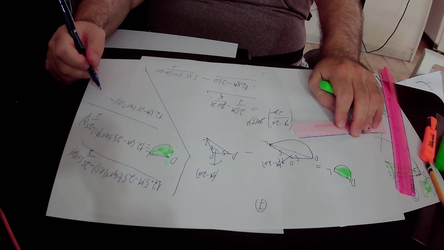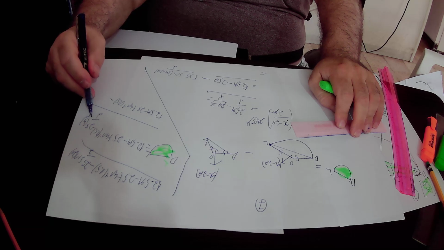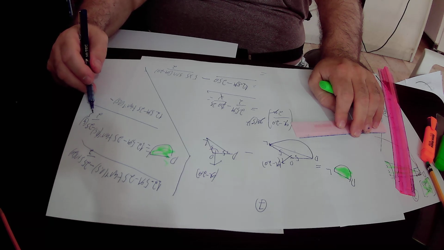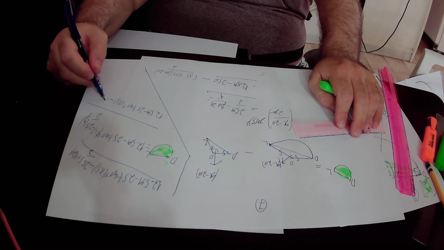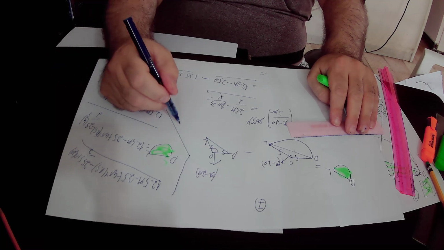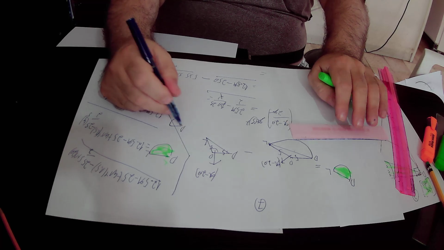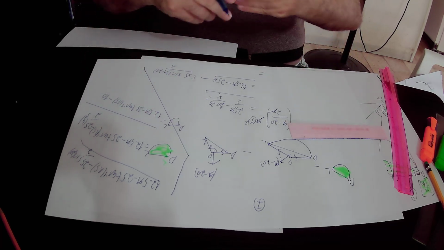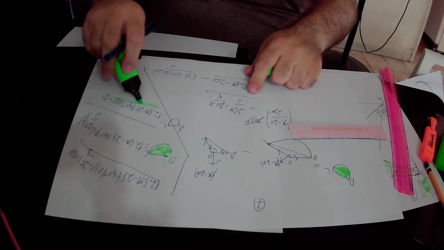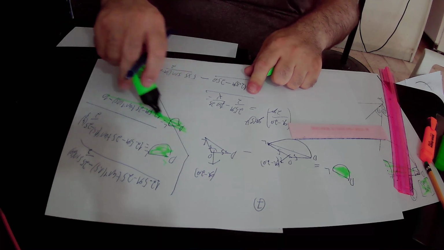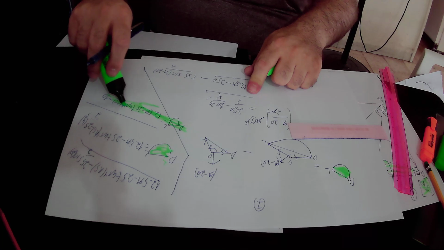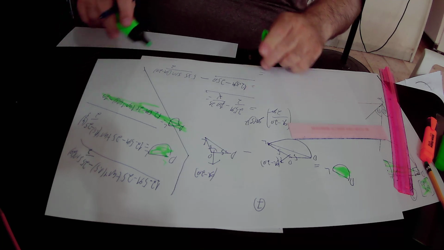Here we have 25 over 5 is 5, and 4 over 2 is 2, and 5 times 2 is 10. In conclusion, we found out that the area of the lower circular segment DL is equal to 12.5 pi minus 25 times tangent minus 1 of 0.5 minus 10.